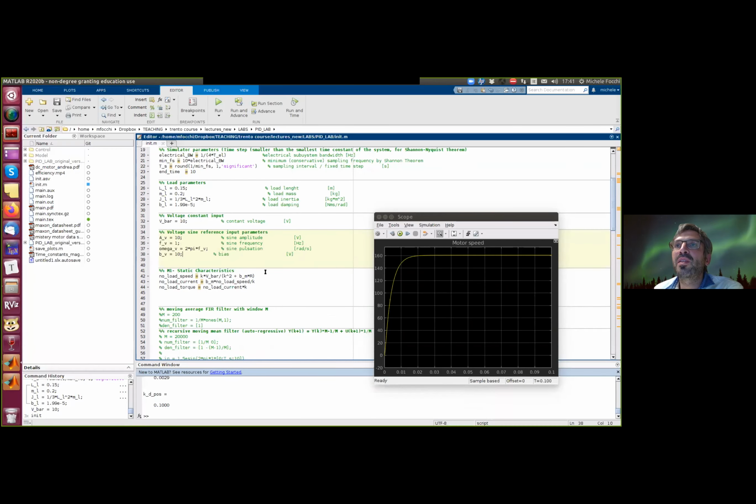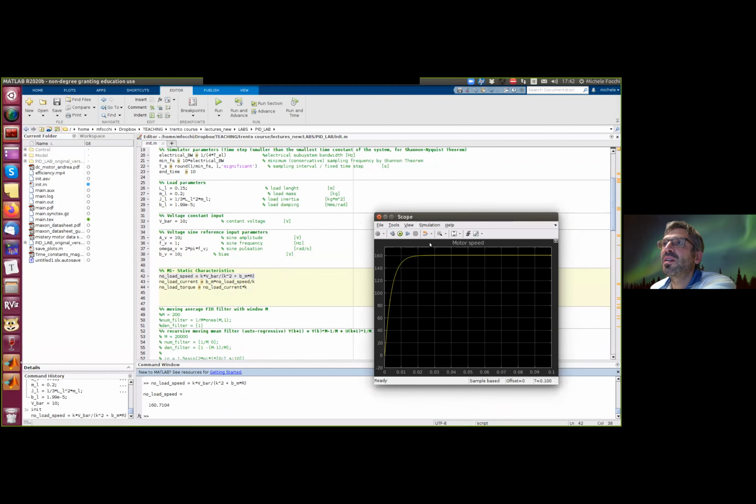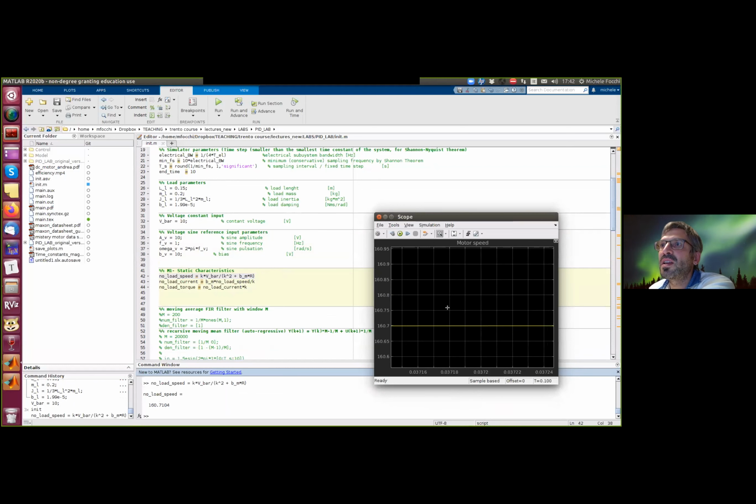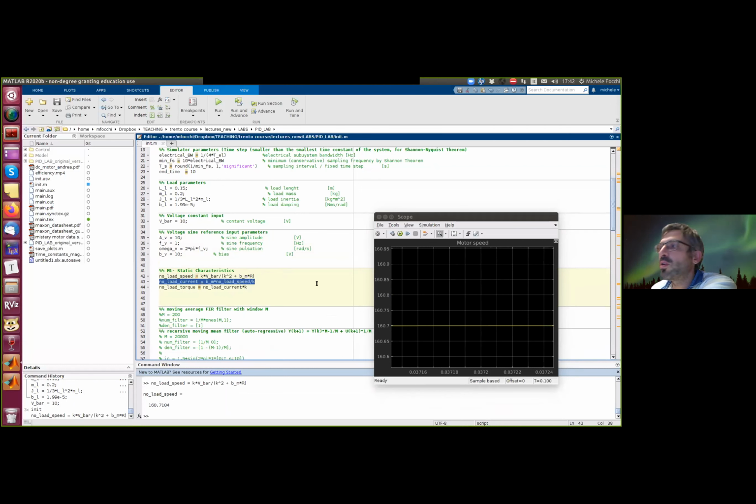And the one we computed in the lecture, we expect to have a no-load speed of 160, and you see here that this is exactly the steady state value, 160.71, and so on.